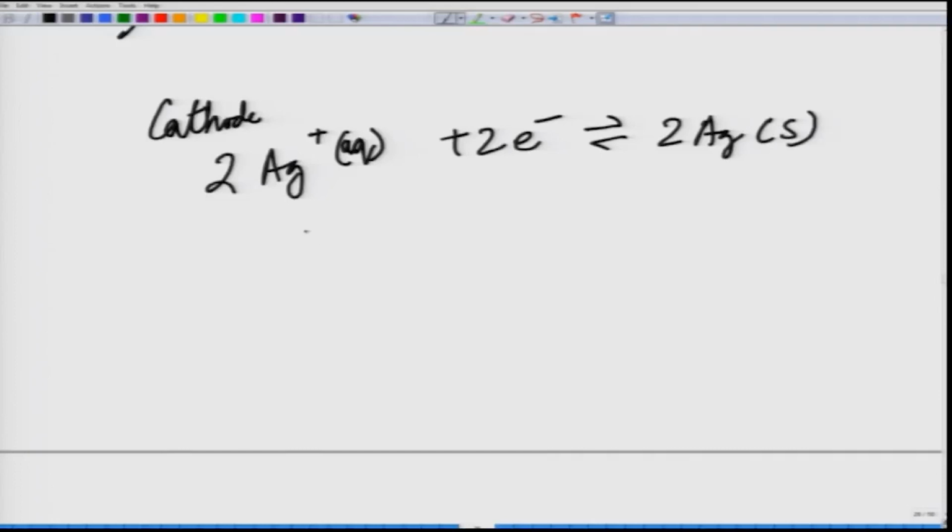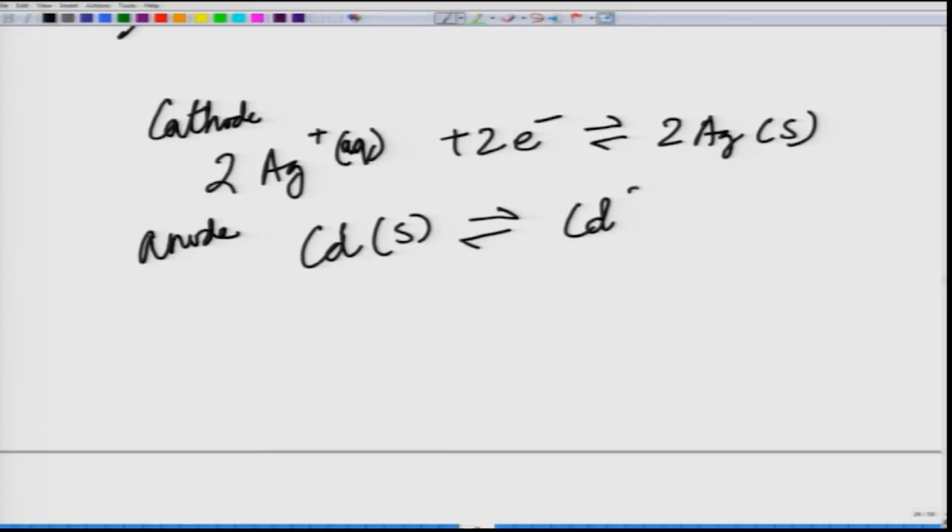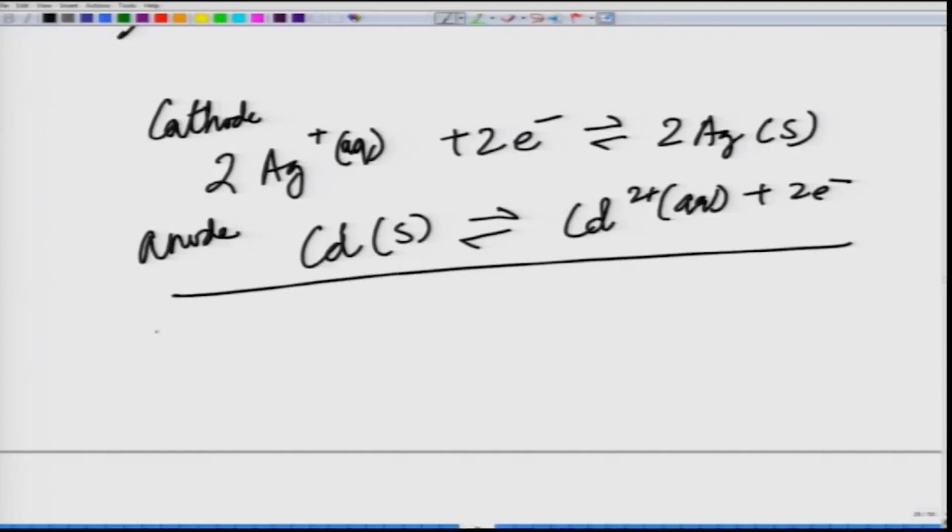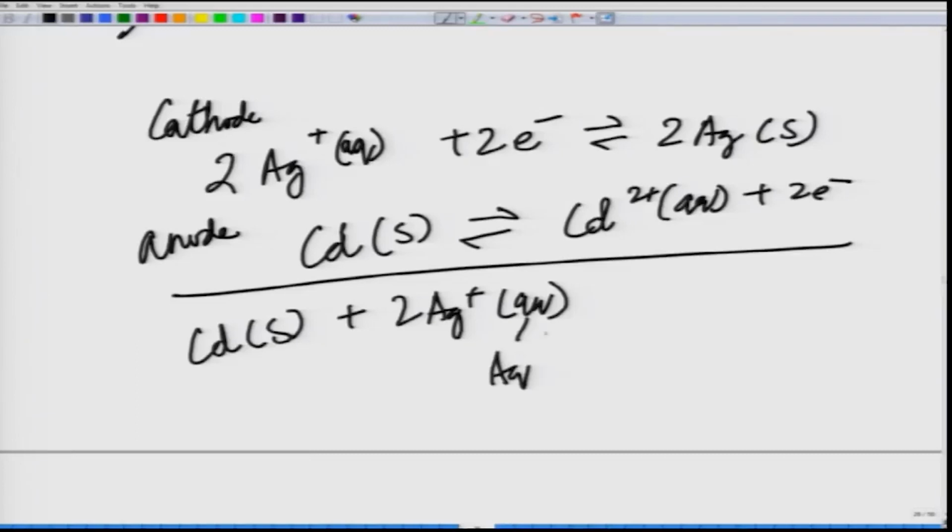Whereas at the anode, cadmium solid goes to Cd2+ aqueous plus 2 electrons, and the net reaction is cadmium solid plus 2 Ag+ aqueous giving Cd2+ aqueous plus 2 Ag solid.